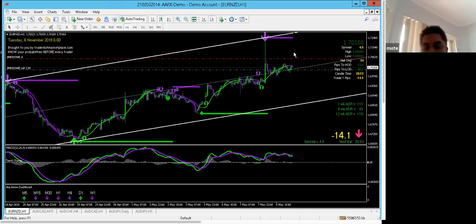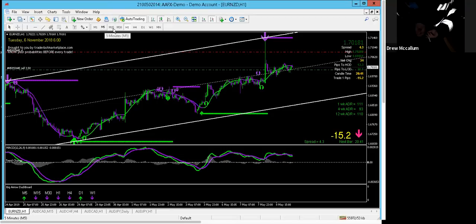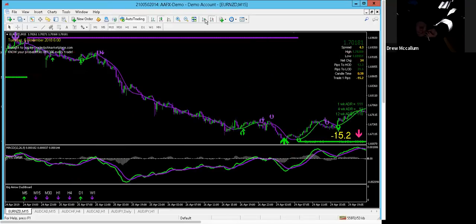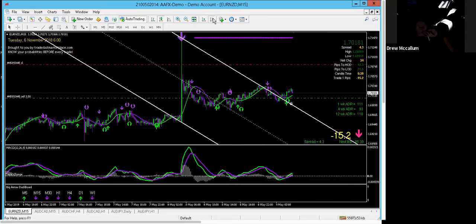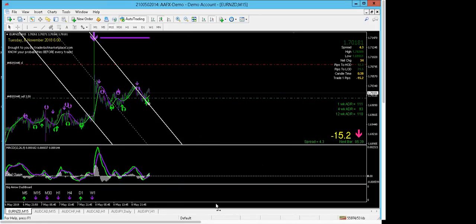Even if I went to half of that, that wick is just really big, but we have to understand that was news that did that. So knowing it was news, we're still in it. You can do a couple different things.